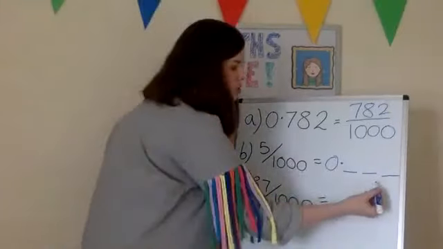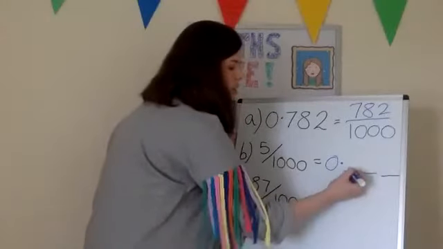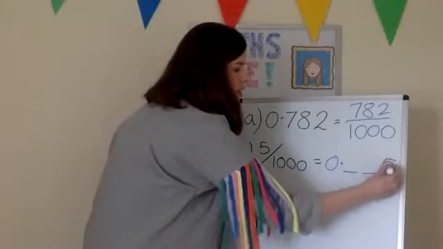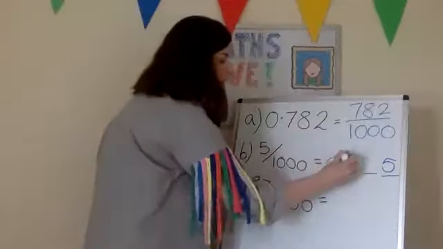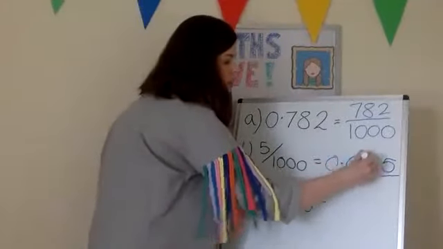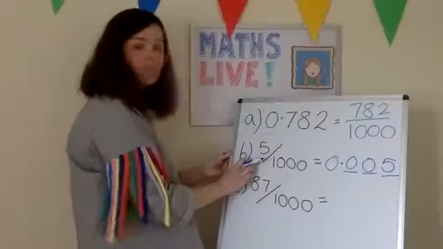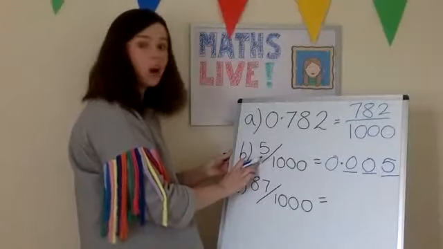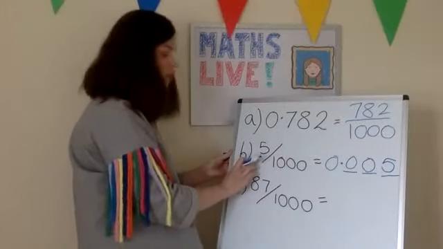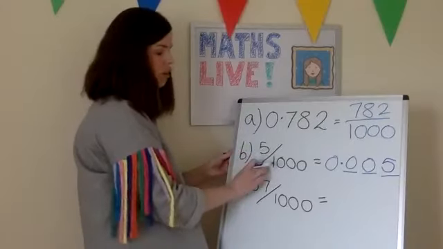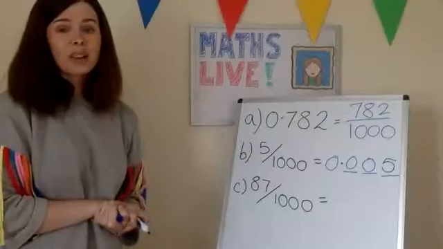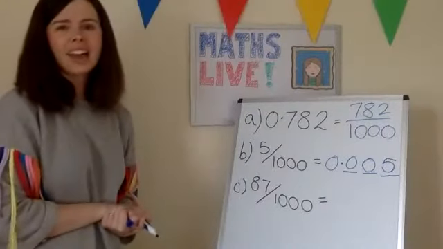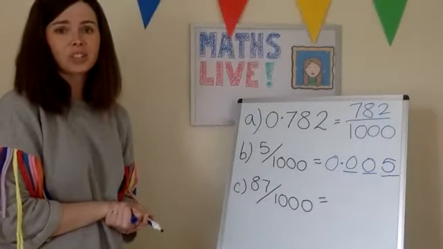So you go to the thousandths column. So here, you put your 5 in, and then all you need to put in between is nothing. Because in this fraction, there are no tenths, there are no hundredths, there's just thousandths, because we're only focusing on that. So that's your answer. Well done for giving it a go. Again, this is like a higher year 5, year 6 question, okay?